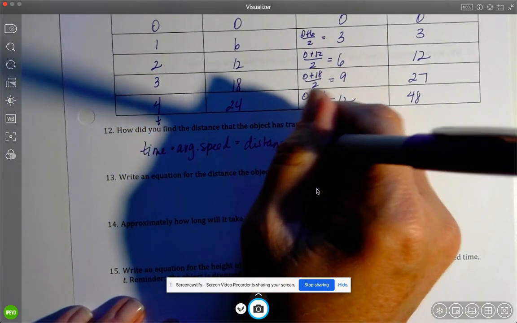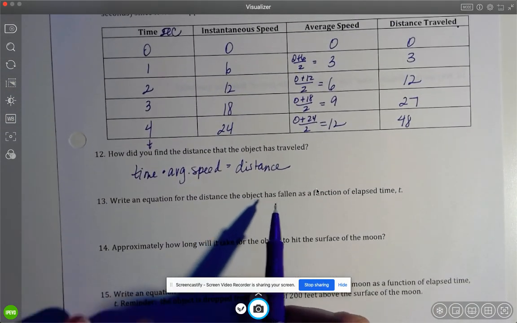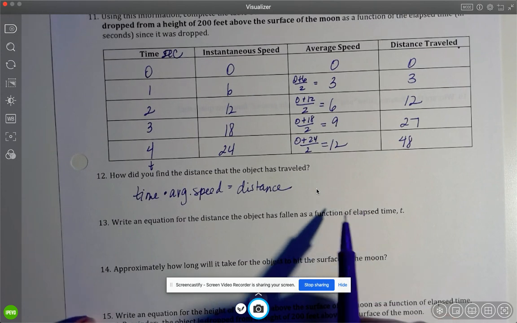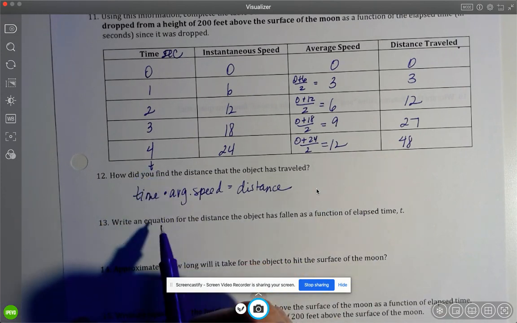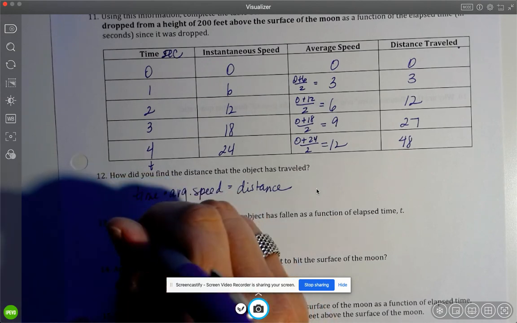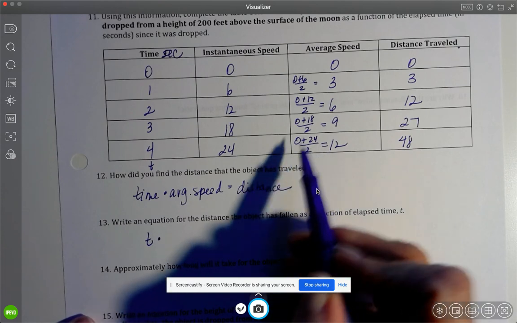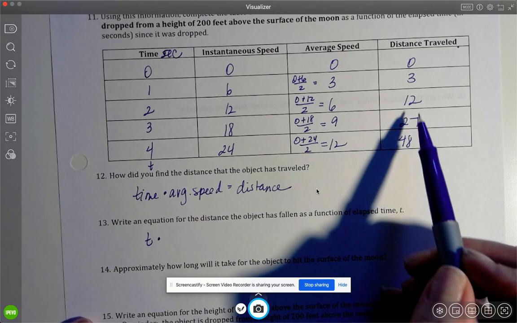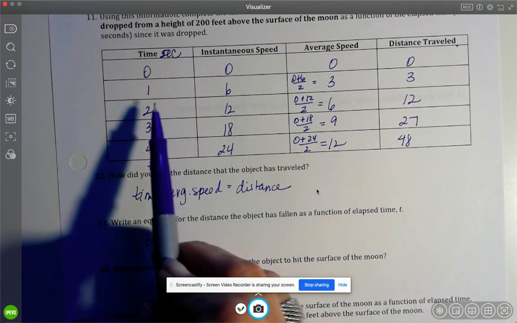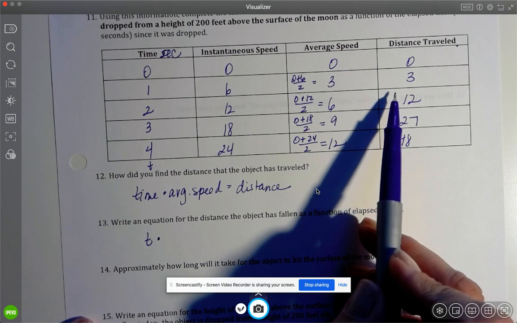And then write an equation for the distance the object has fallen as a function of elapsed time, t. Well, I had put this t down here to figure out, if I have t and I multiply it times the average speed, what keeps happening with all of these? If I want to find the distance, I notice that it's whatever the time is times 3 times t.